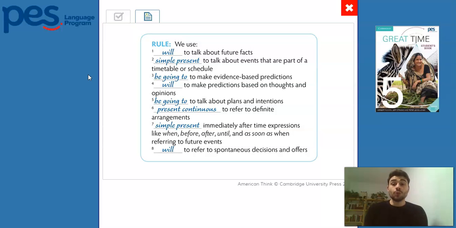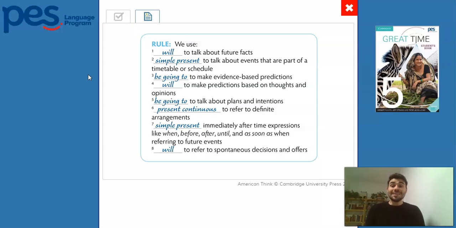So we use will to talk about future facts. We use the simple present to talk about events that are part of our timetable or schedule. Remember the train leaves at a certain time, right?